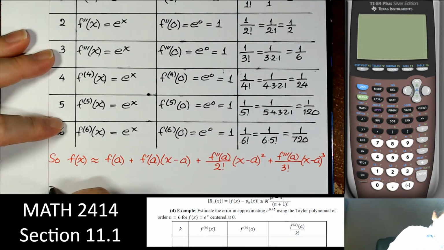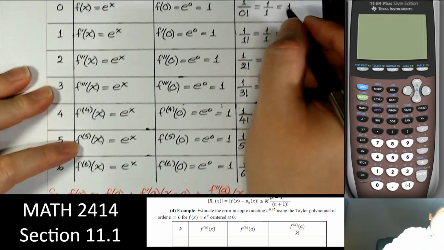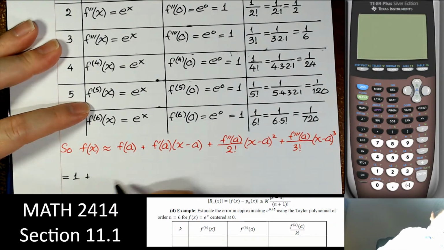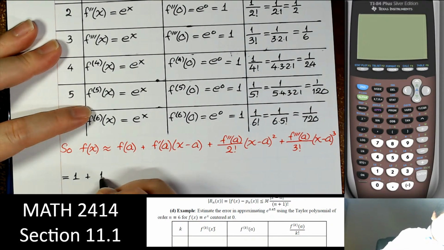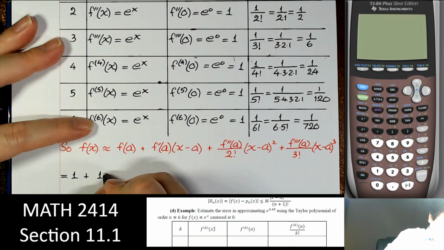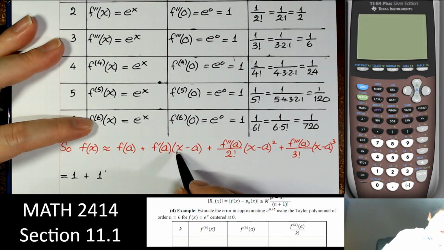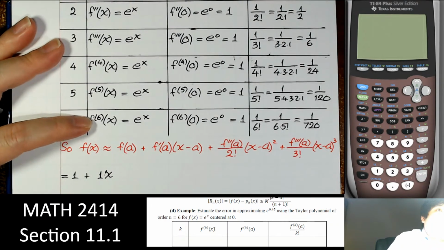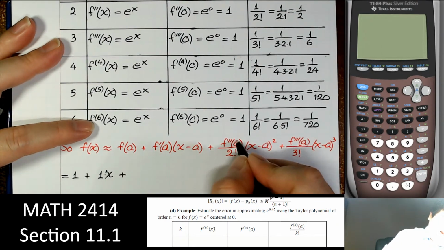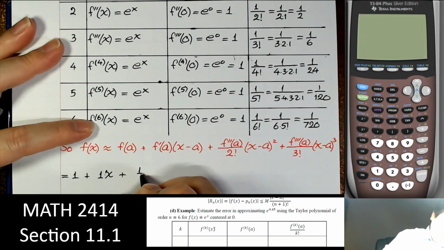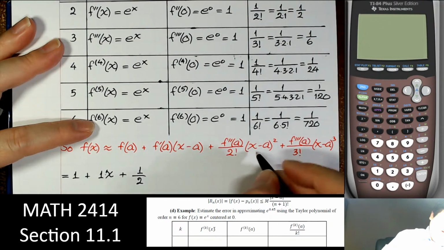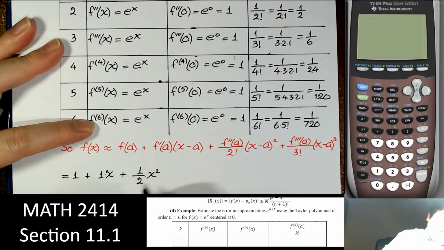So in this particular case, we start with 1. That's f of a. And then the derivative, also 1. And then x minus 0, just x. Then the second derivative is 1 over 2 factorial, which is 1/2, and then x squared.